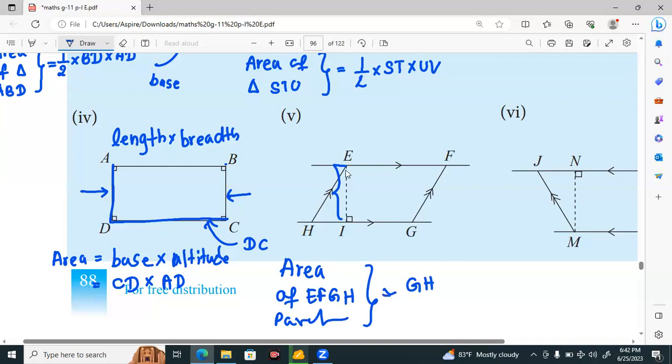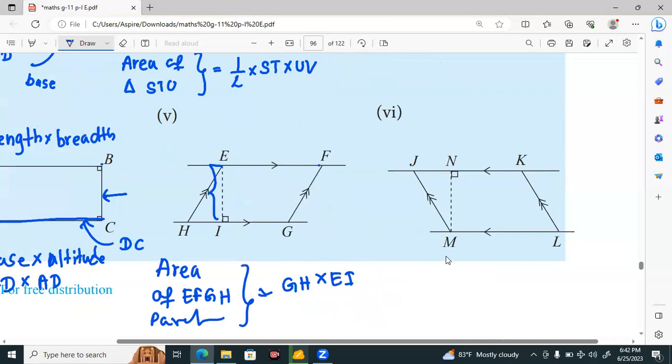Now you can't consider EF, because it isn't given, but as it is a parallelogram, HG and EF are equal. Otherwise you would have to find it again. So this time it is suitable to write GH into EI.